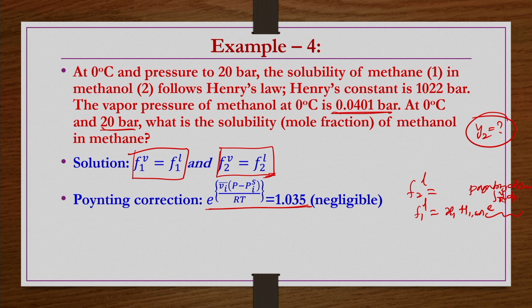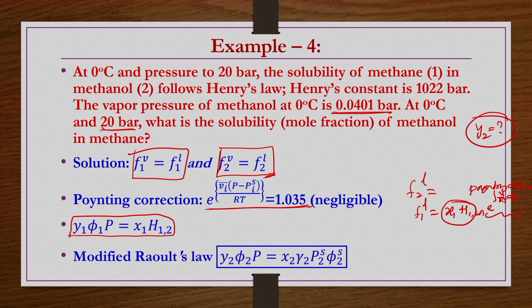So, we can take only x1 and H1, this part only, for f1L, and then f1V is nothing but y1 phi1 P, and then f1L is nothing but x1 H1,2. The pressure correction is not required, it is very small, and otherwise V1 bar infinity is also not given. Either of the two reasons we can consider and then neglect that correction factor.